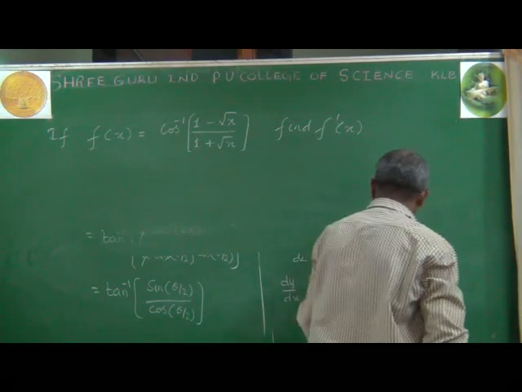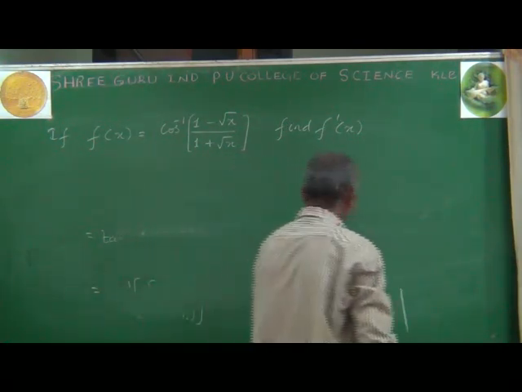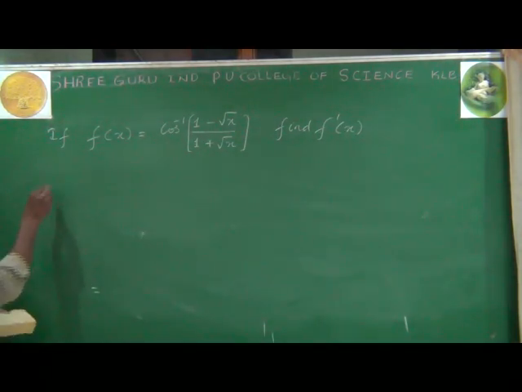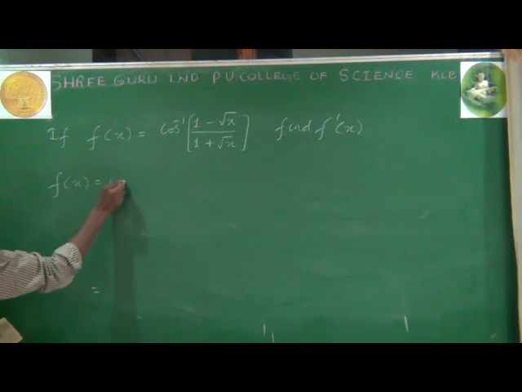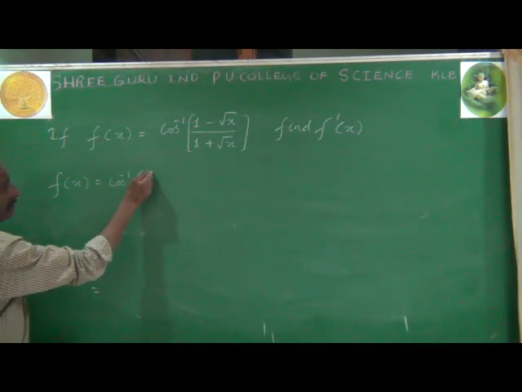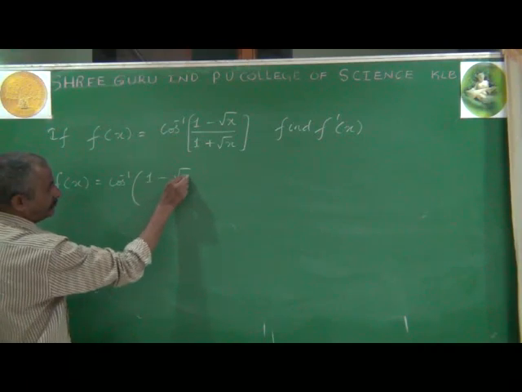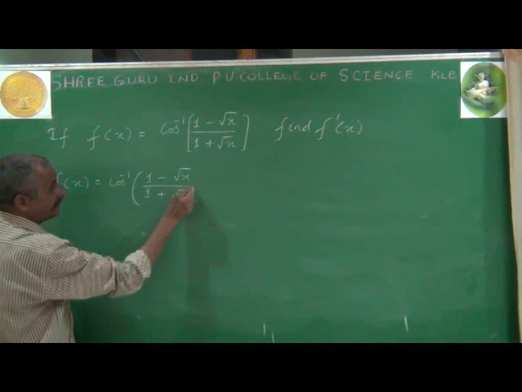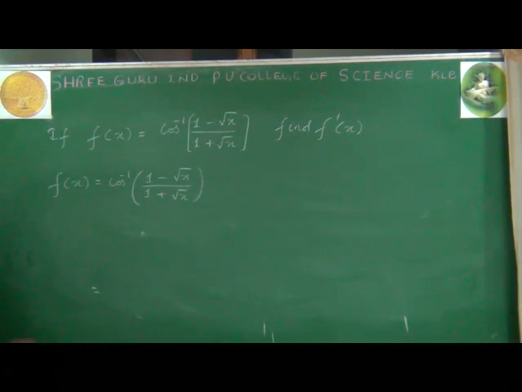Solution. First, write the given problem again. Given problem is f of x equal to cos inverse of (1 minus root x) divided by (1 plus root x). And now here you need not refer to that table for substitution. I told you in some cases we will take substitution other than the table also.